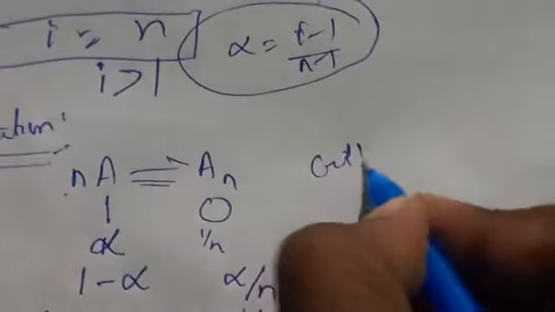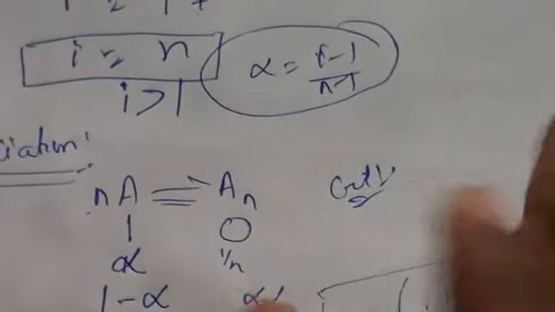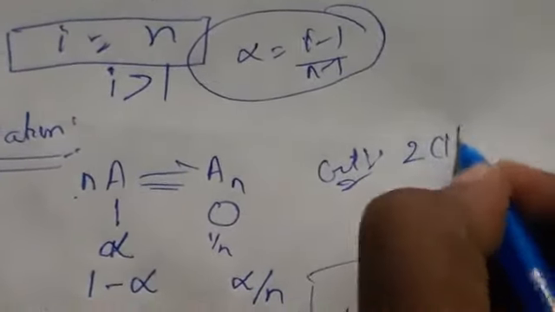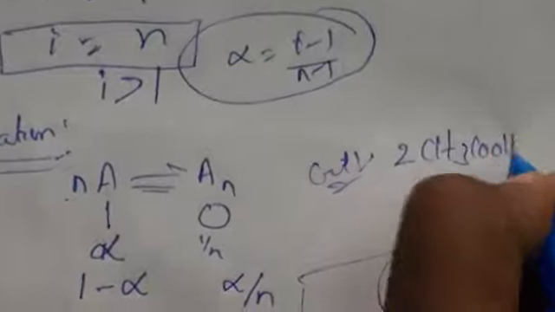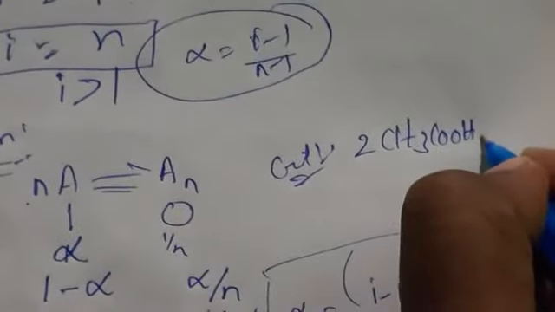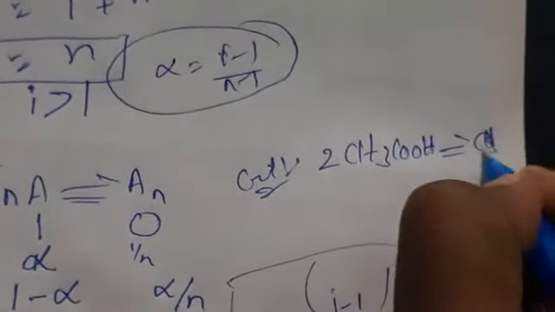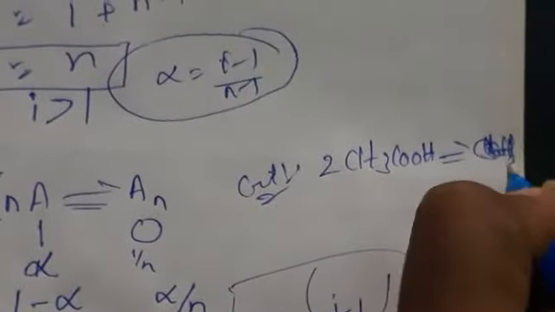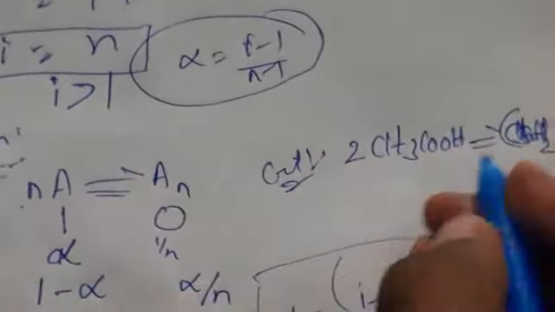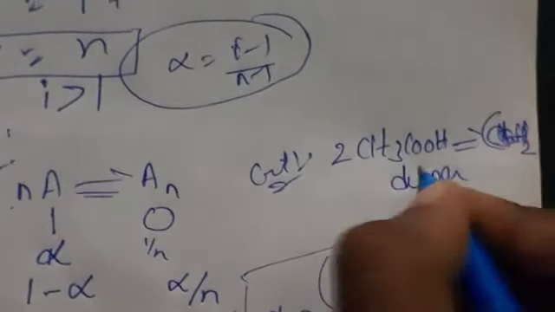Now let us take an example. What I told you, nA gives rise to An. So I take 2 moles of CH3COOH, and you get (CH3COOH) twice. It is forming a dimer.